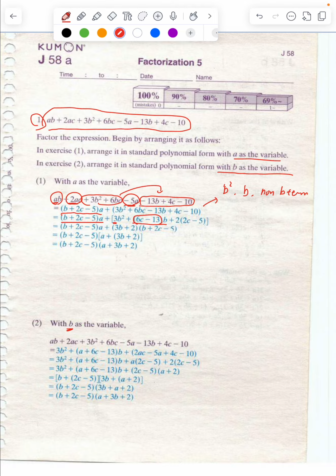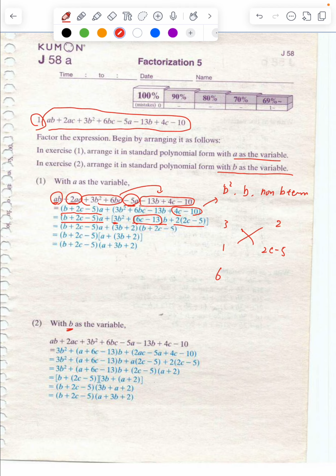Then with the factor of 3, and with the factor of 2 times 2C minus 5, you factorize this as two different terms, which is 2 times 2C minus 5. Then we're dealing with 3, 1, and we will have 2C minus 5 and 2. So let's cross multiply.